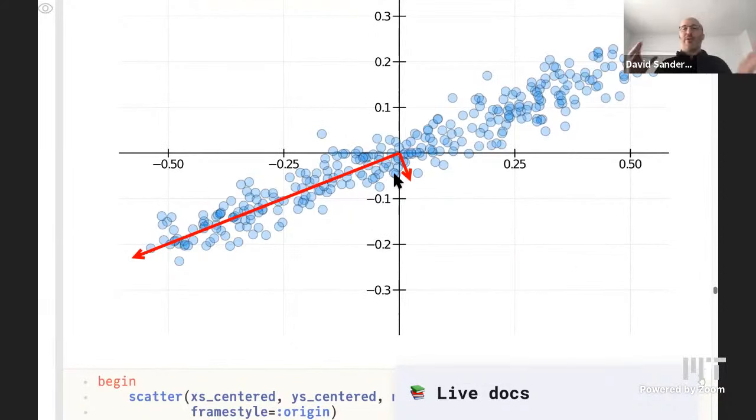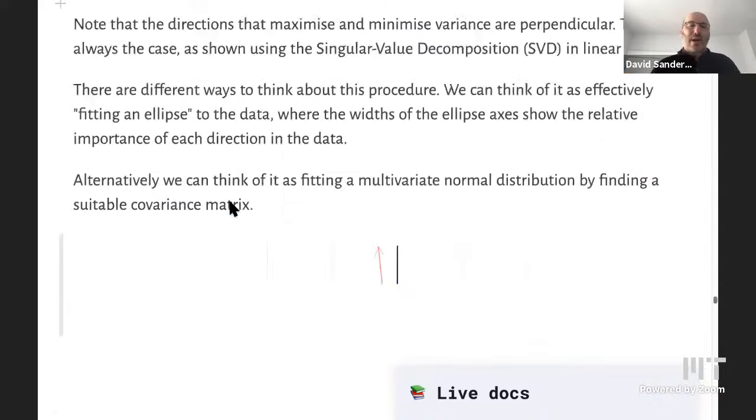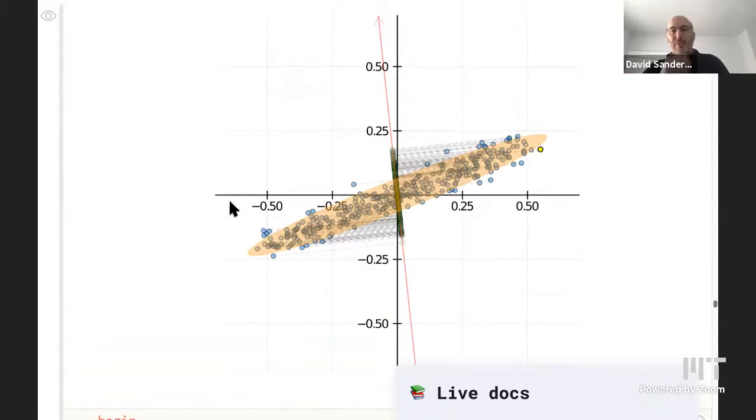So we have kind of solved the problem of characterizing this data set, in terms of which are the important directions, which is the maximum, which is the minimum, and how big the data set is in those directions, in a quite numerically intensive way. Another way of visualizing that is to put this ellipse on top of the data.